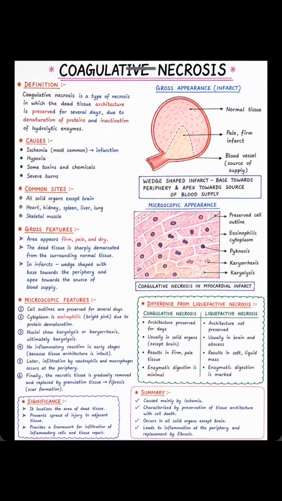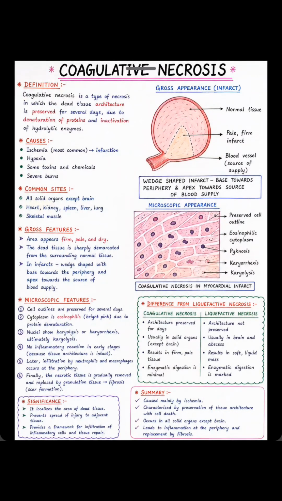So the cell outlines are preserved for several days. You can see the tombstones of the cell, that is this. The cytoplasm becomes highly eosinophilic, meaning it looks bright because of the protein denaturation, that is this.